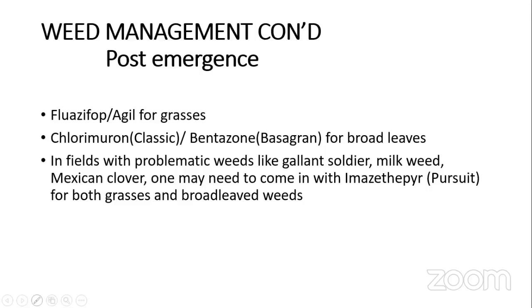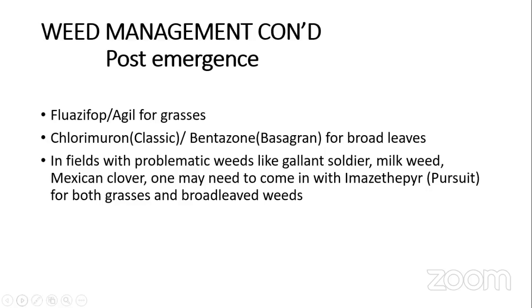So with these chemicals at your disposal, you won't be able to face challenges with any of the weeds in your soybean crop. Be it Tsangads, we've said Tsangads can be eliminated by fluazifop, and imazethapyr in the cases where you have these other problematic and resistant weeds.